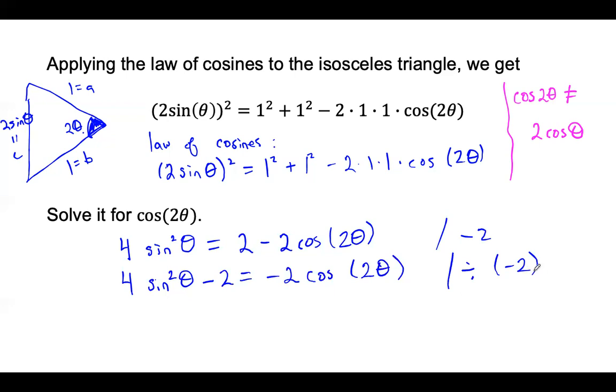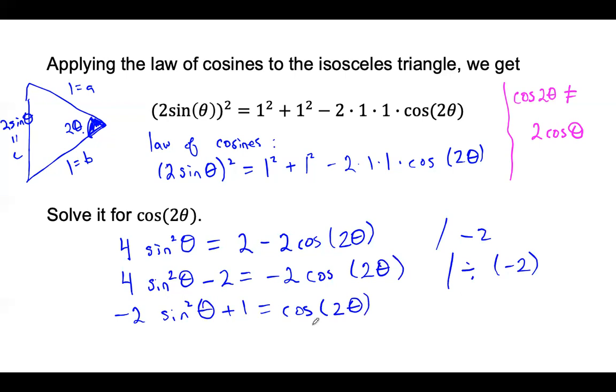Divide by -2, because we want to get rid of this part here. So I'm just simplifying things. So this is 1 minus 2 sine squared theta equals cos 2 theta.